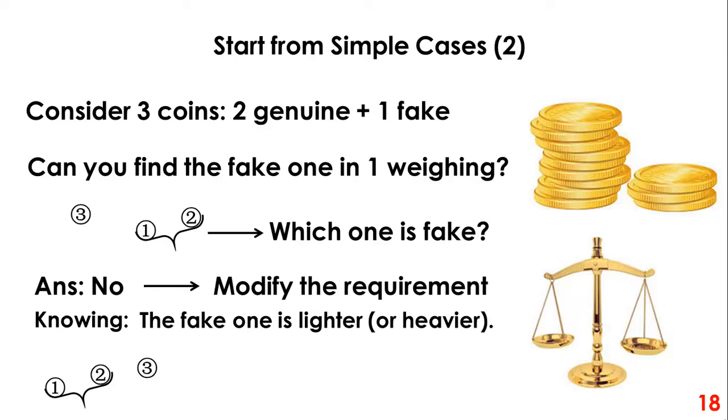Here let's assume the fake one is lighter. So we have two cases. In the first case, the lighter one, coin 2, is fake. In the second case, coin 3 is fake. So we can solve the 3-coin problem with a small modification of the requirement.